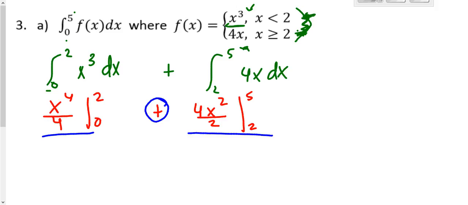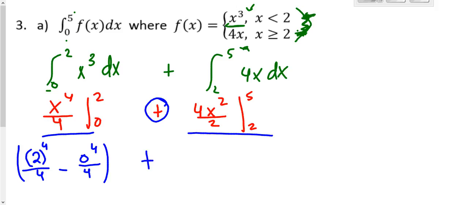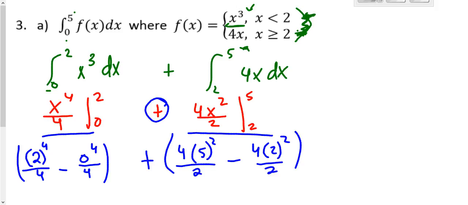Okay? So when we evaluate this one, we're doing f of b, so we plug in 2. So we have 2 to the 4th over 4 minus 0 to the 4th over 4 plus plugging in 5 squared over 2 minus 4 times 2 squared over 2.